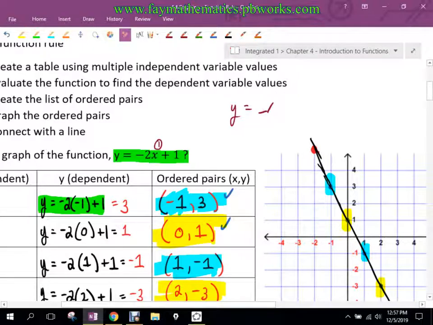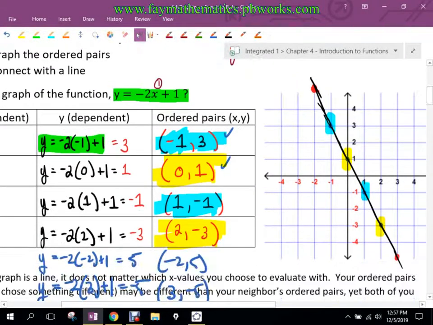The same thing applies to the exponent. If it's not written, it's a 1. So this is x to the first power. If I had x to the first power in my equation, what was the graph? What kind of image do we get here? That's a line, right? So this negative 2x plus 1 was linear, because it created a line.